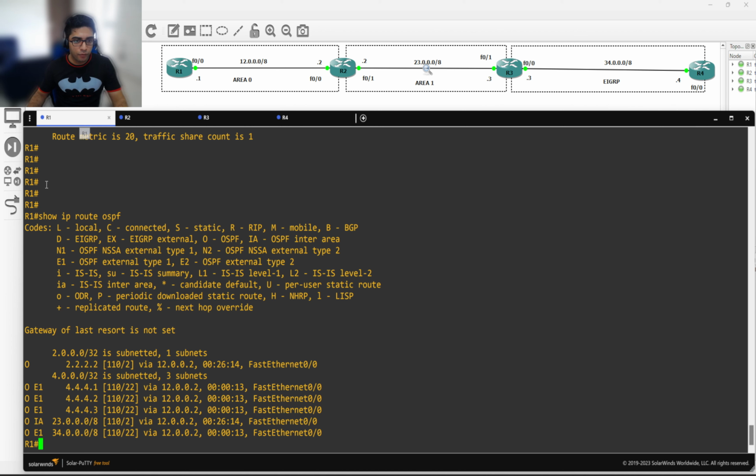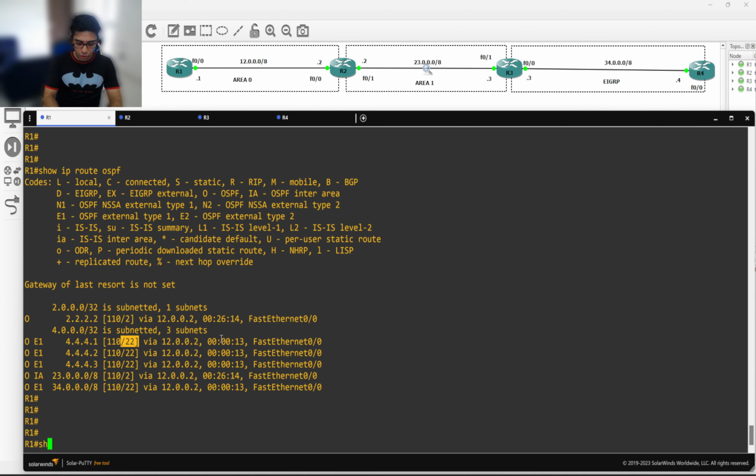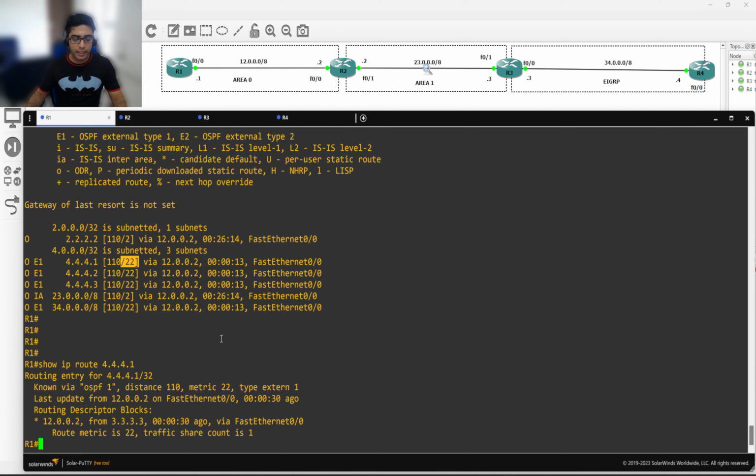Now the first change that we can see is that instead of E2 route, it shows as E1 routes, and we can see the total cost as 22, right? And show IP route 4.4.4.1. We can see that it says the type is external 1 and the total metric is 22.